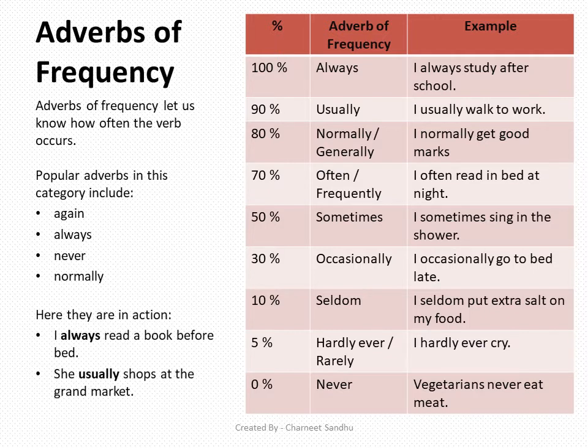Sometimes is 50-50. Occasionally is 30%. Seldom 10%. Hardly, ever or rarely is just 5% times something happening. And if you say never, something never happens. It is 0%.